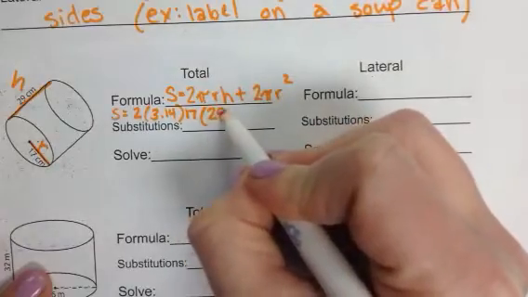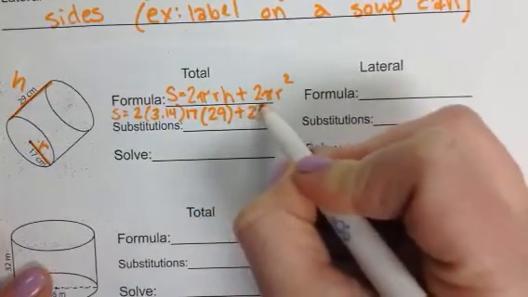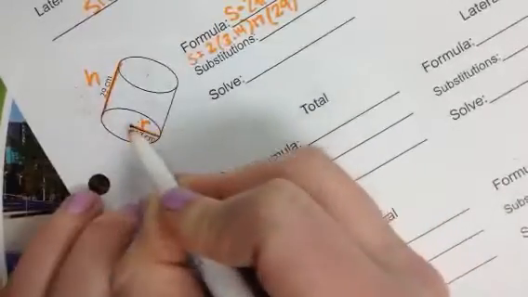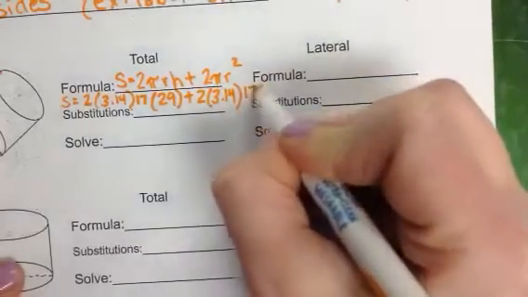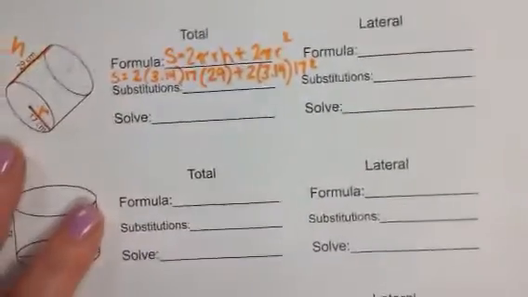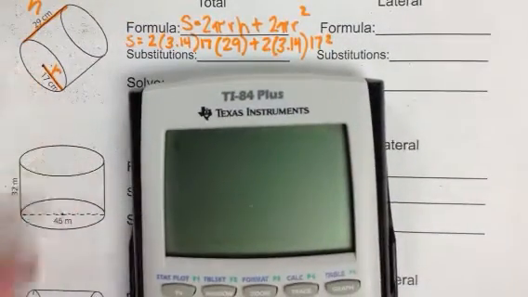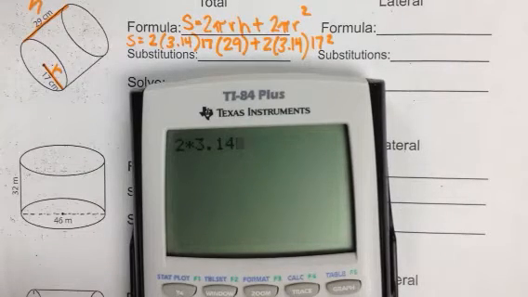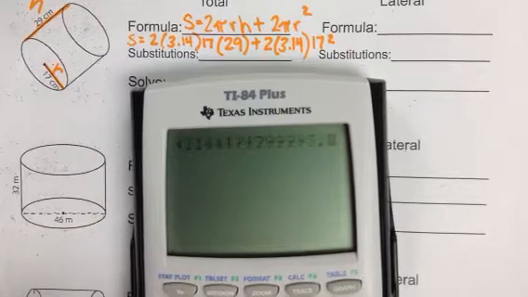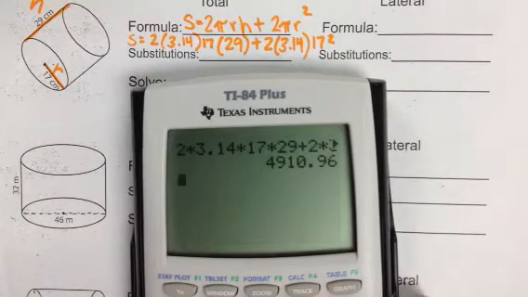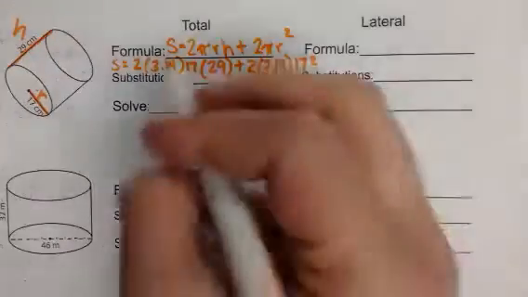So 29 plus 2, and then it says pi again, so we got to use 3.14. Then it says radius squared, so that's my 17 squared. Okay, on this paper we'll just leave it to the hundredths.